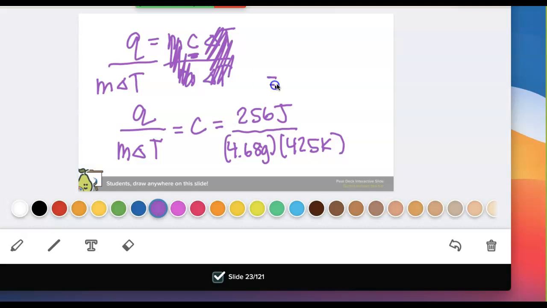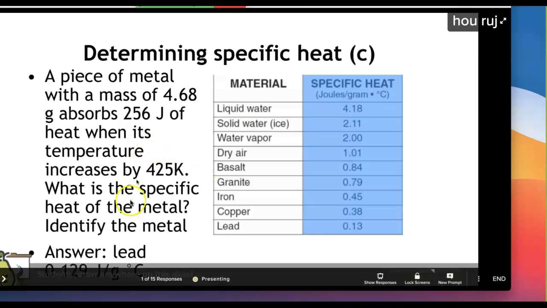And you end up with 0.129 joules per gram Kelvin. Again, joules per gram Celsius or joules per gram Kelvin, they mean the same thing. Given the chart, if we're trying to figure out who it is, 0.129, well, lead is 0.13, which is pretty darn close to 0.129. So based on this data, the metal is most likely lead.